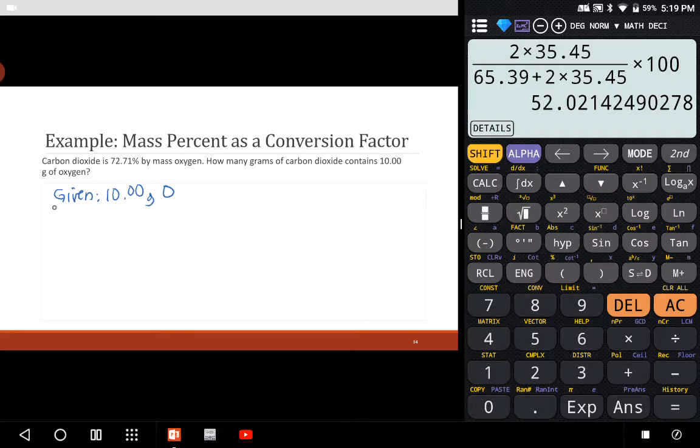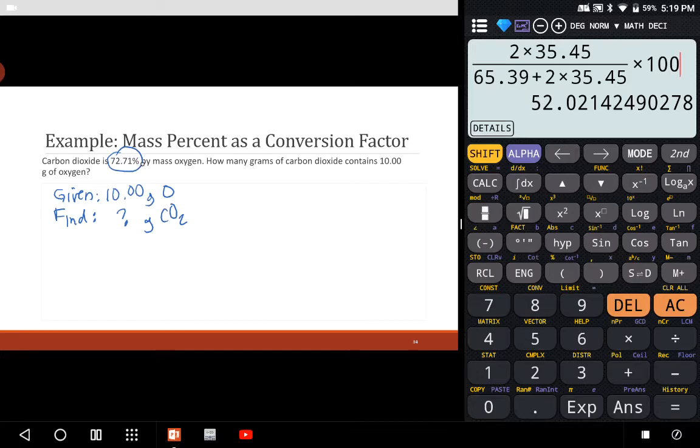and we are asked to find how many grams of CO2. And so we are asked about different compounds, and so we could go to moles in order to work out a relationship between the subscripts here, or we can use the mass percent composition that's given to us.